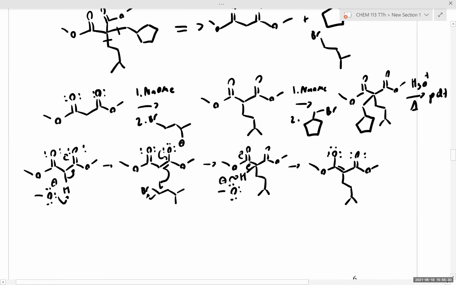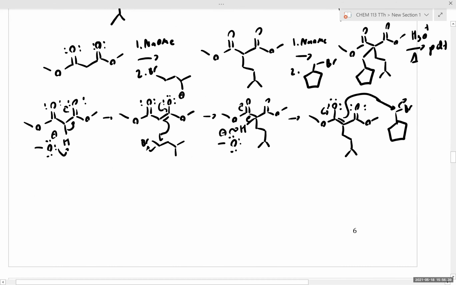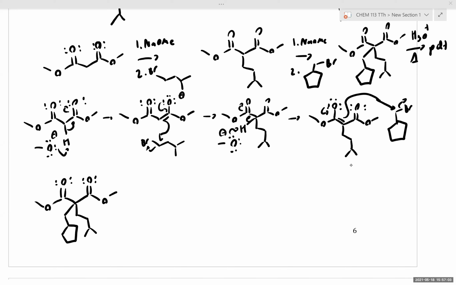From here, this enolate can react with other electrophiles, such as our alkyl halide, to generate our fully alkylated product. Is everyone following along so far?